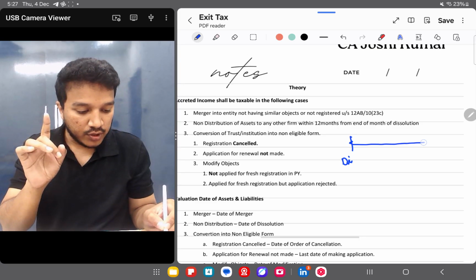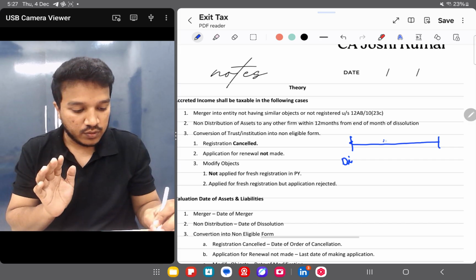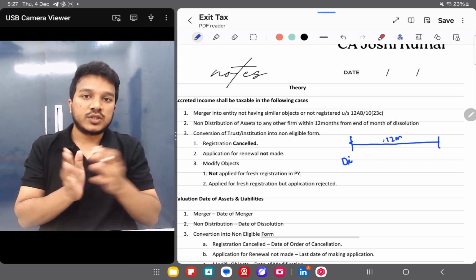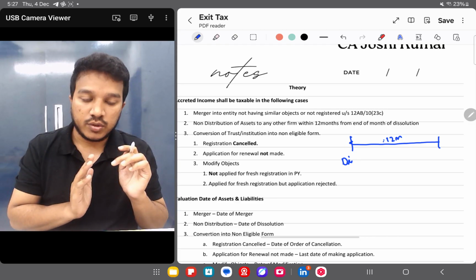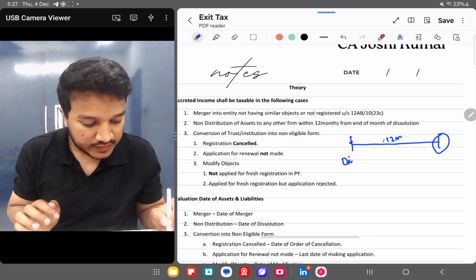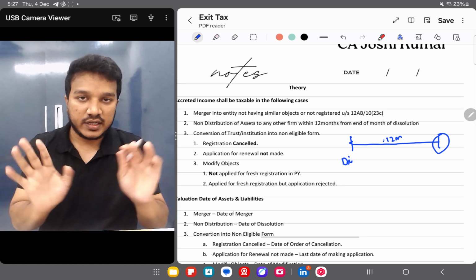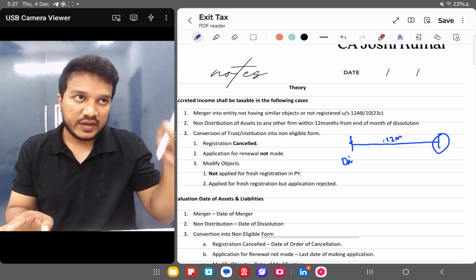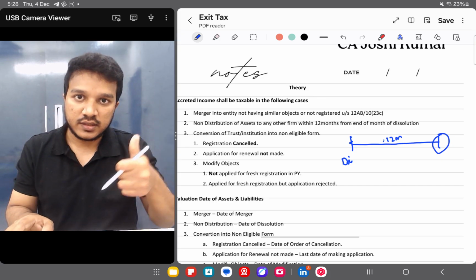Okay, you waited for 12 months. After 12 months also there was no transfer. After 12 months also the trust did not transfer its assets to another trust. Then what will you do? You will calculate exit tax here. Okay, now I will tell on which date you should calculate. I will tell you later. Okay, so you will wait for 12 months and you will see if the assets are still lying, then you should calculate exit tax. Done.